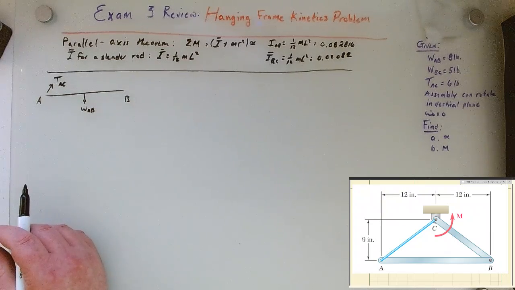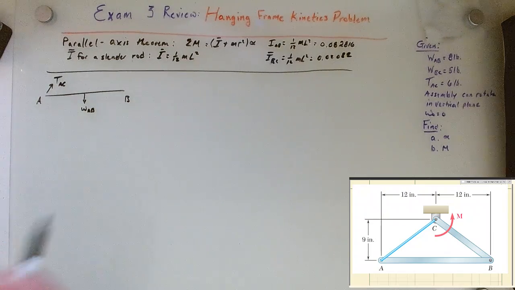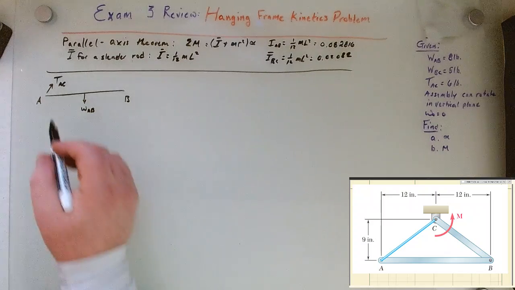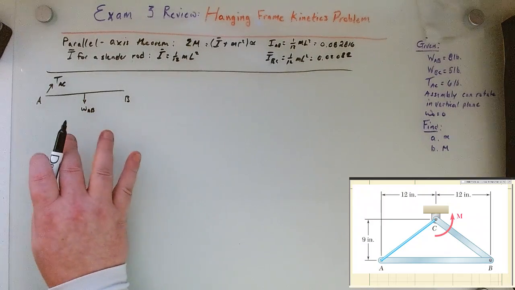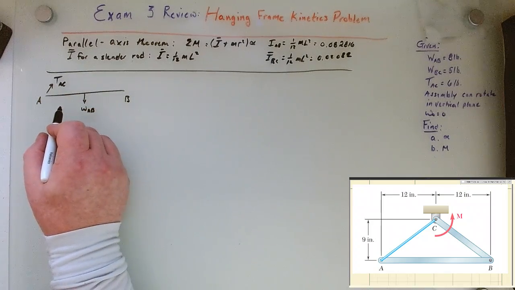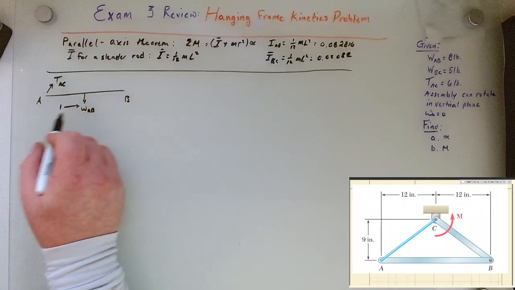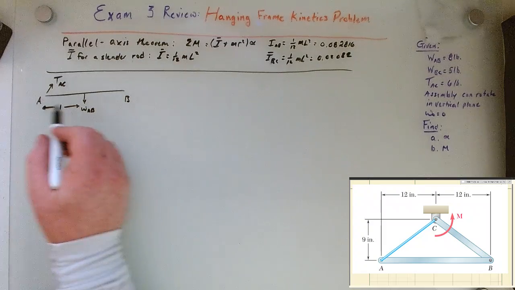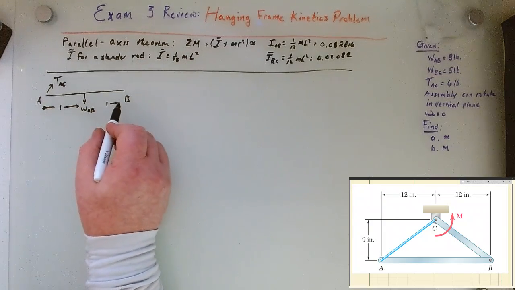So that is not something that we need to consider in this calculation. So let's see, these are in feet, right? It's easier to think of this in feet. So it is 1 foot from here to here.